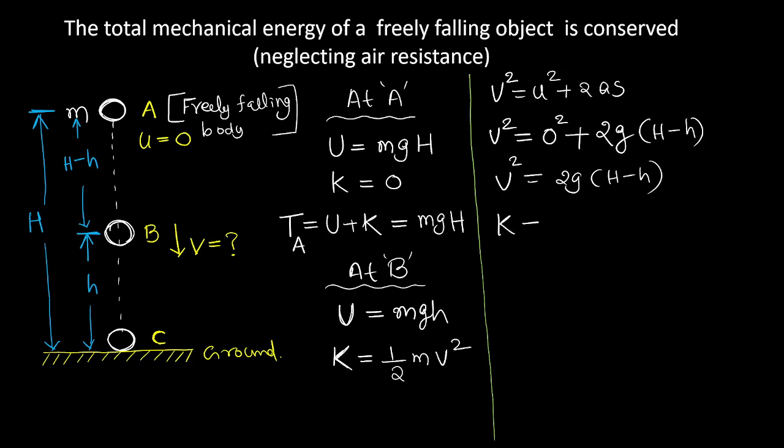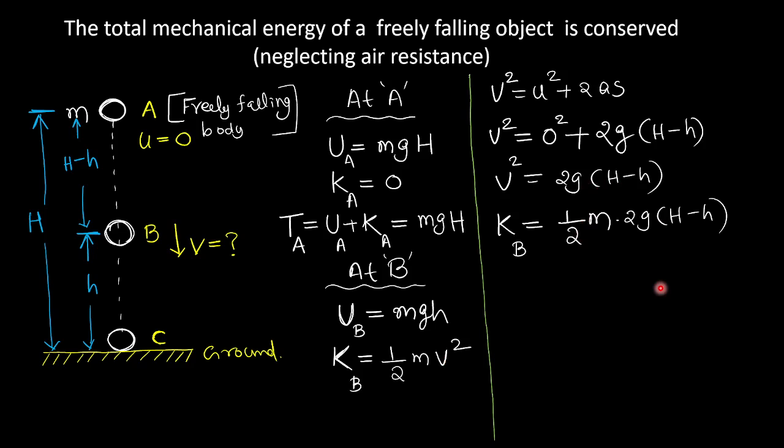So let me write the kinetic energy at B once again. You may give the letters like this. KB, kinetic energy at B, understood. Half mv square. V square, I got it right now, 2g into H minus h. Half into m into v square, V square is 2g H minus h.